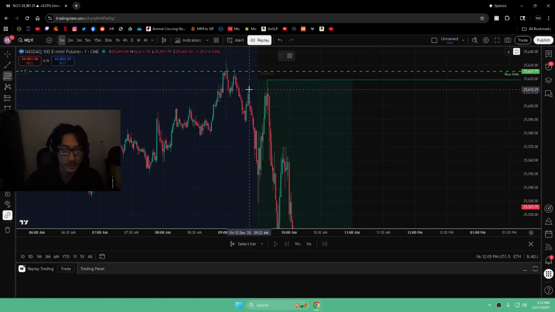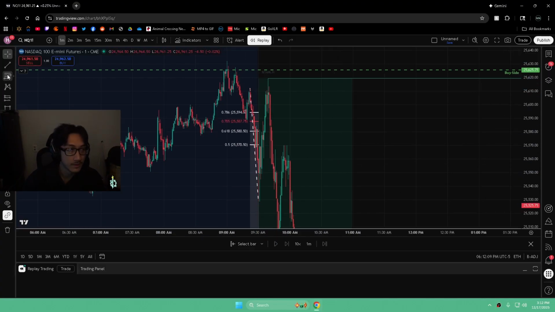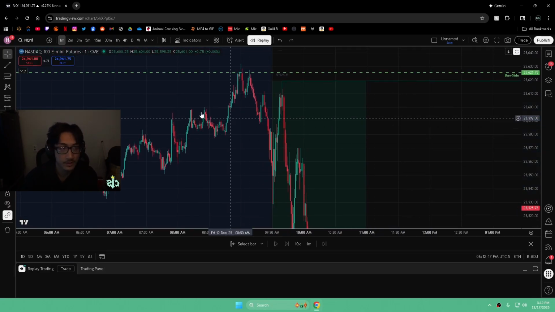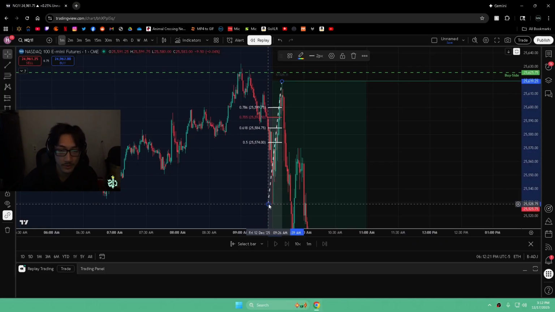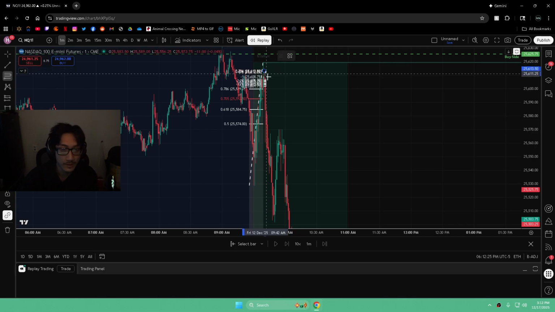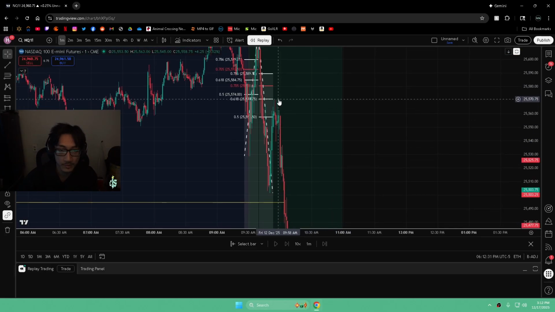Consider this all our manipulation right here. Actually, this would be our manipulation. Boom to boom. This would be your OTE, to this wick. Boom. This would be your entry zone.